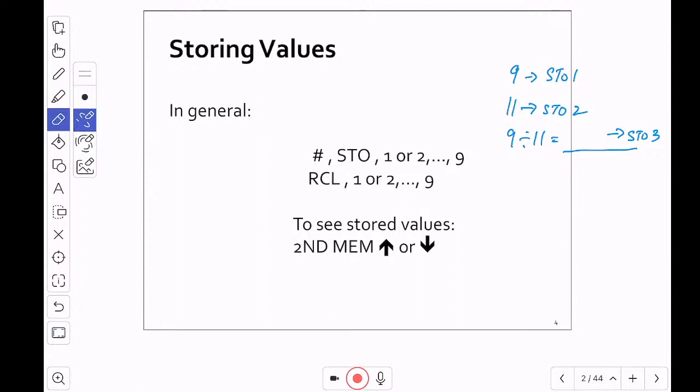So that's what I want to do. So you can think about this. There are 9. I think you can store in 0 too. Let me see. Let me check this.